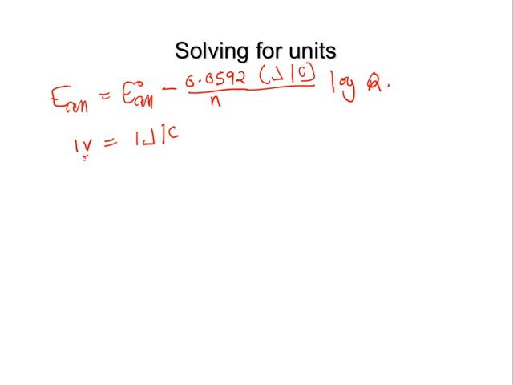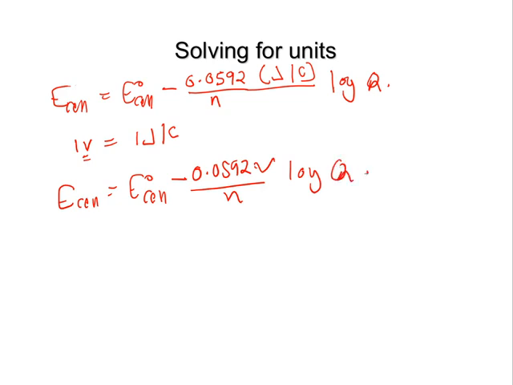So we can substitute this value here. So what we have now is E cell equals standard cell potential minus 0.0592 V divided by n, log Q.